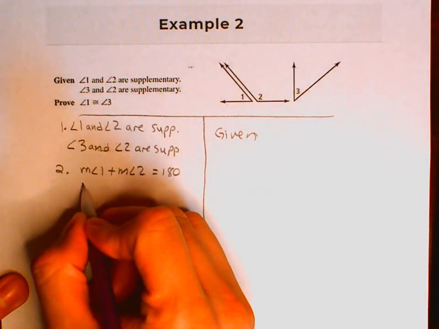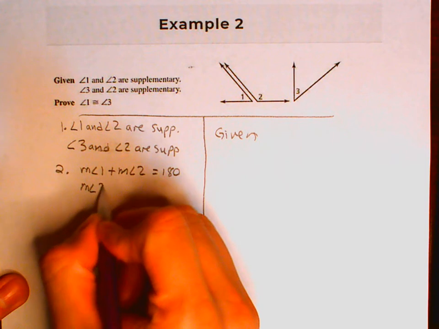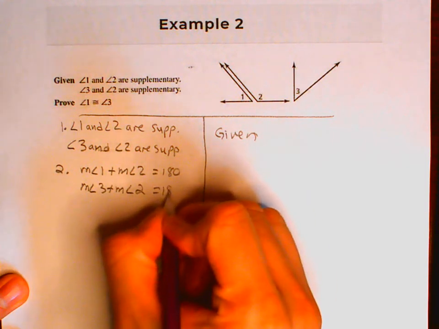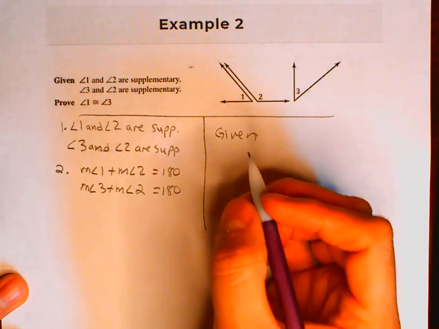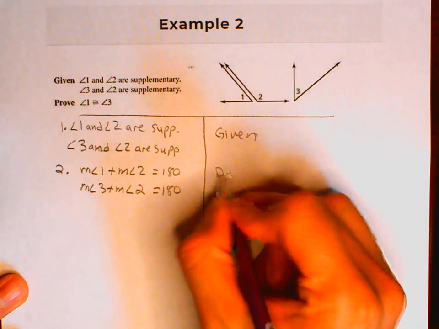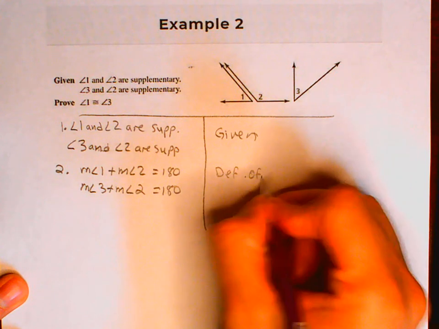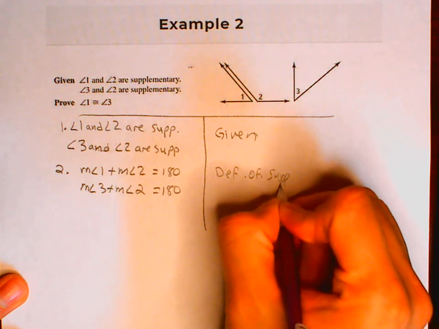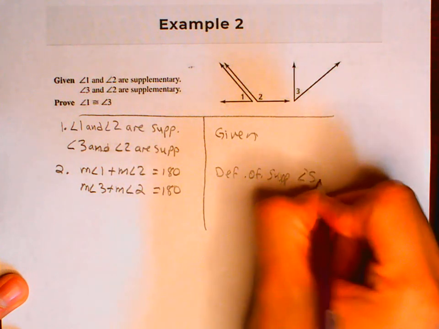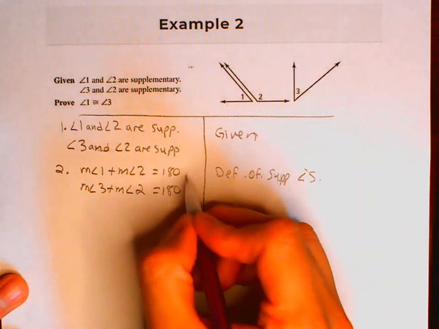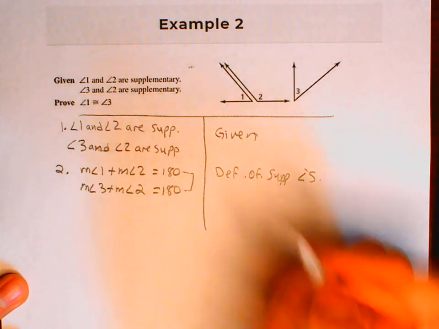Ditto for the next one. The measure of angle 3 plus the measure of angle 2 also equals 180. And this is simply because of the definition of supplementary angles. So what are we going to do with that? Do you notice how these two are equal?